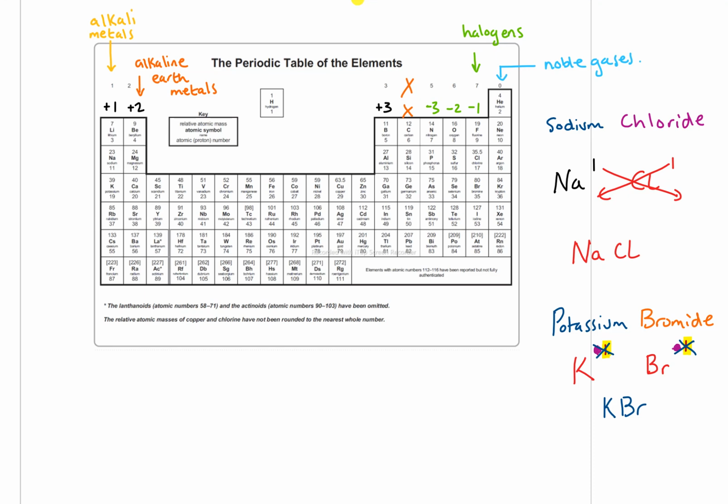Right, another one that you might come across is something like calcium chloride. Okay, so I go look at where's calcium. Right, beryllium, magnesium, calcium. There you go, it's in group 2.